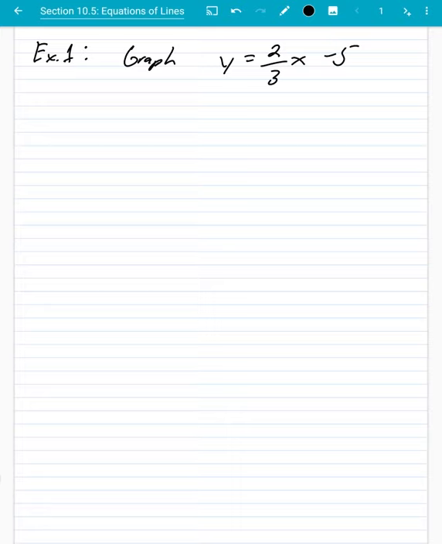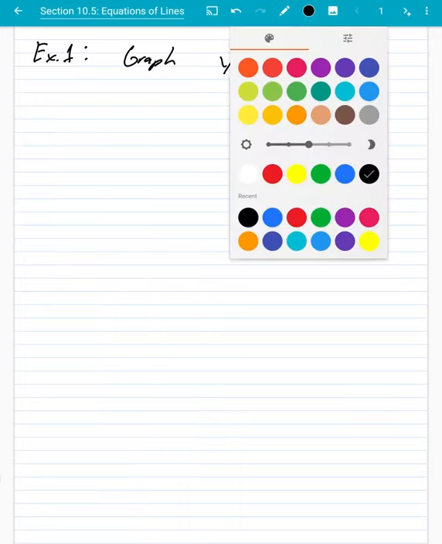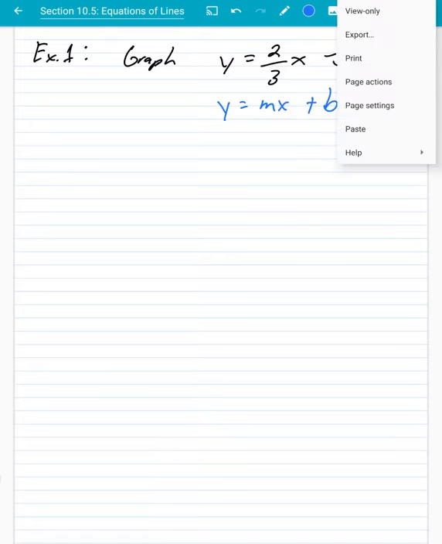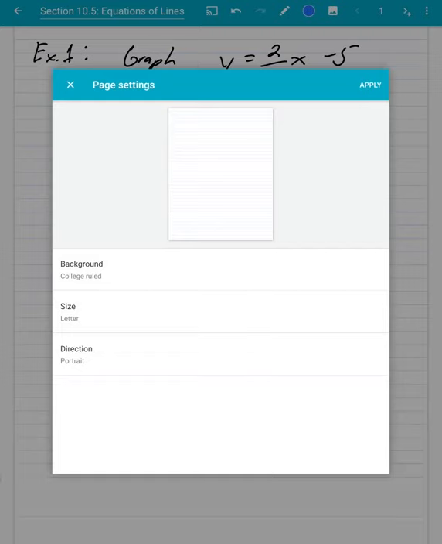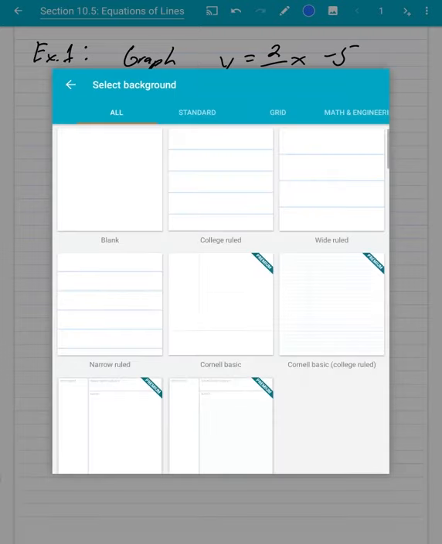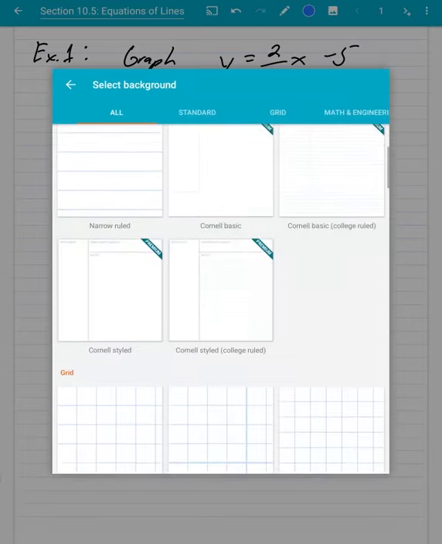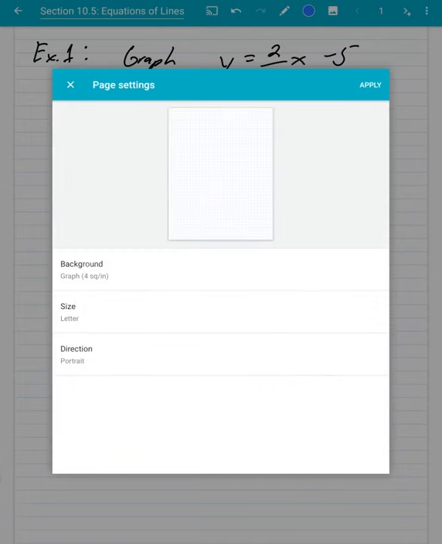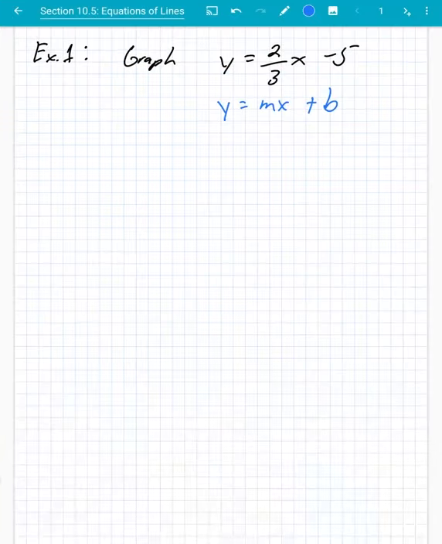So looking at this equation, we have it in the form of y equals mx plus b already. Actually, to change the page settings, we're going to change it to our graphing paper. Let's do the 4 square inch. And there we go.